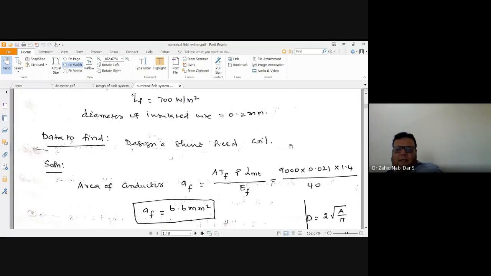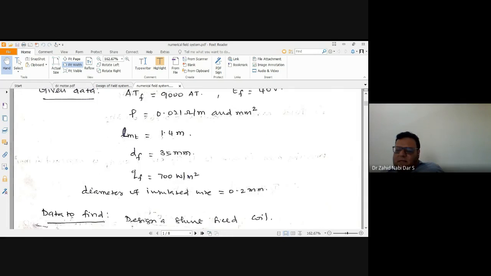Now you want AF, so AF would be IF by delta F. IF is expressed as current, I is equal to V by R, since V is equal to IR.